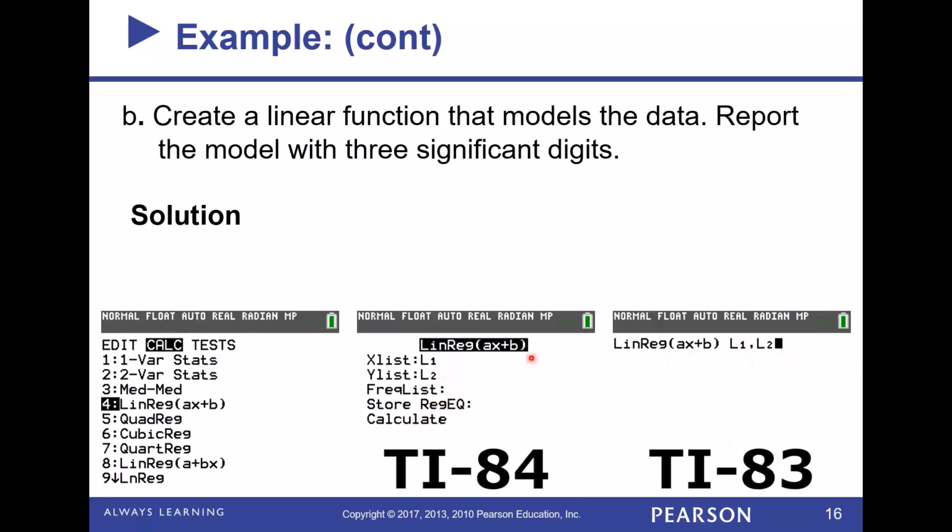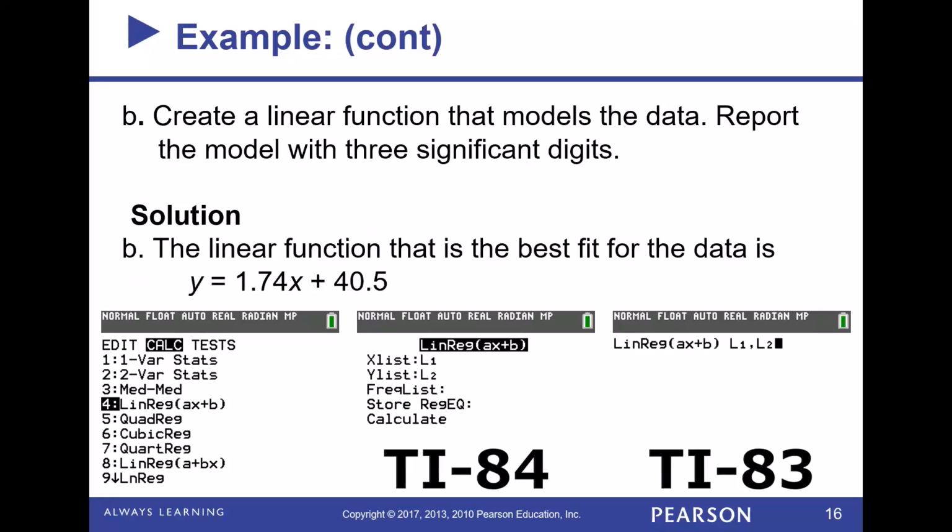Okay. Now, when your model comes up, go ahead and round it. Remember, you're going to round to 3 significant digits. Go ahead and pause and make sure you're running this, and then let's see if you got the same thing that I'm rounding to. Okay, so the answer I got was y equals 1.74x plus 40.5.